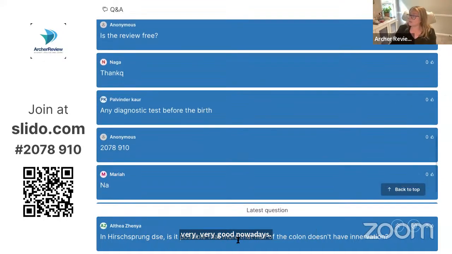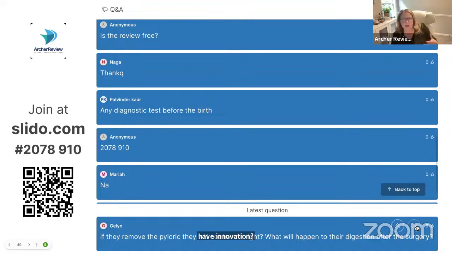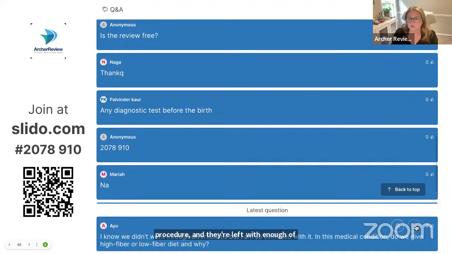In Hirschsprung's, is it possible that more than half of a colon doesn't have innervation? I can't tell you specifically the percentage of the colon that has innervation, but for the majority of cases, it is only enough of the colon that we're still able to take that part away, do a pull-through procedure, and they're left with enough of that colon that it still functions normally.